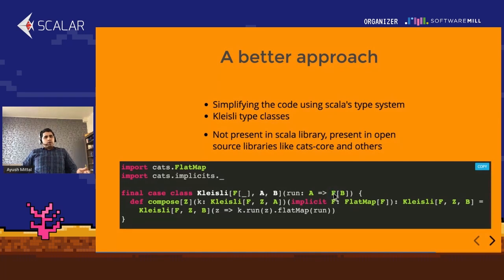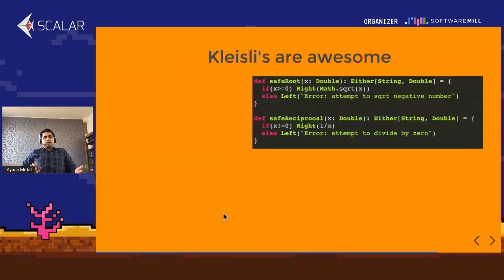Now the good thing about Kleisli is that if the container composes, then the Kleislis also compose. And this is how you can see they compose. Obviously we need the container to compose. But if the container does compose, if we have a flatMap instance for the container, then the Kleislis themselves will also compose.